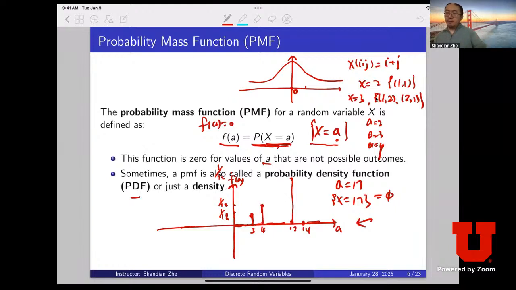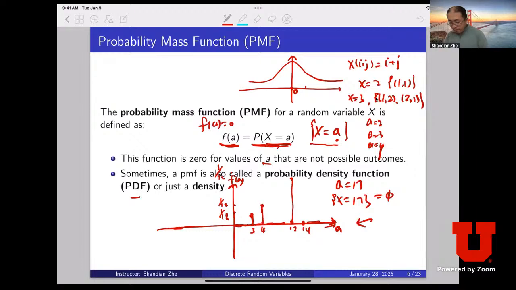That means the PMF at A equals 17 is 0. That's why you see on this axis, many A values will have the PMF value being 0. Okay. Any questions so far?